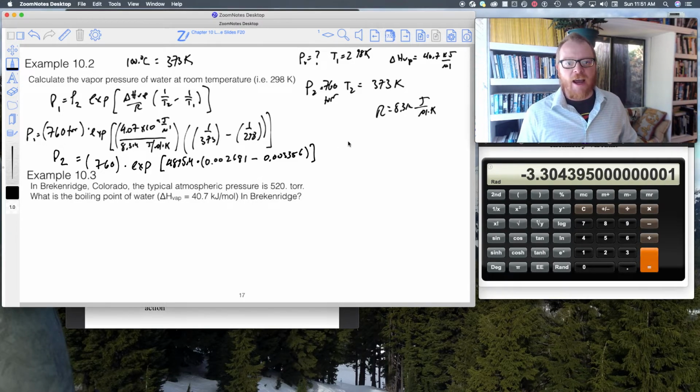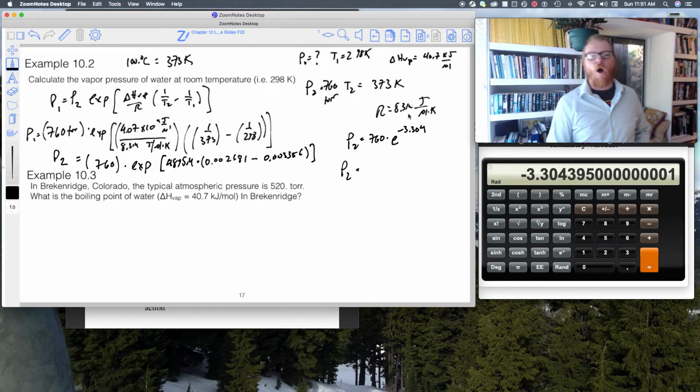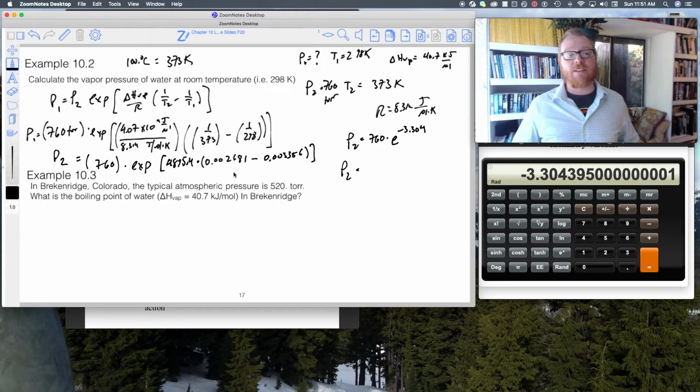So I'll rewrite that now. That's P2 equals 760 times, and instead of writing this as EXP, I'm going to say that it's now e to the negative 3.304. Okay?